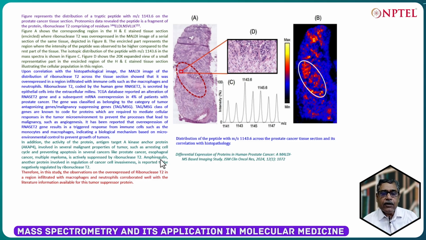Amphiregulin is another protein involved in regulation of cancer cell invasiveness and is reported to be negatively regulated by ribonuclease T2. So, whatever literature information we are seeing in terms of activity of ribonuclease T2, it is always to negatively regulate a protein associated with cancer, or in some way or the other to prevent cancer by and large.